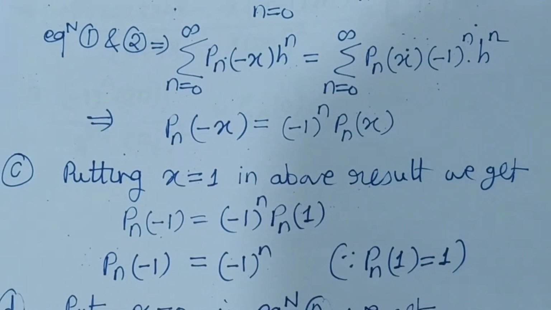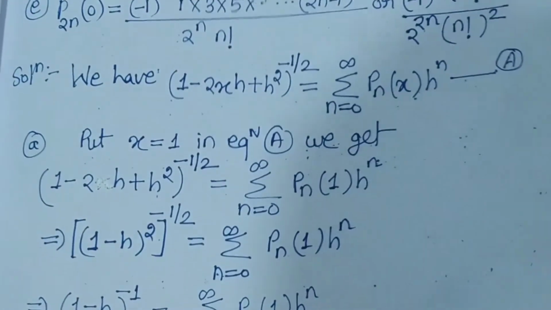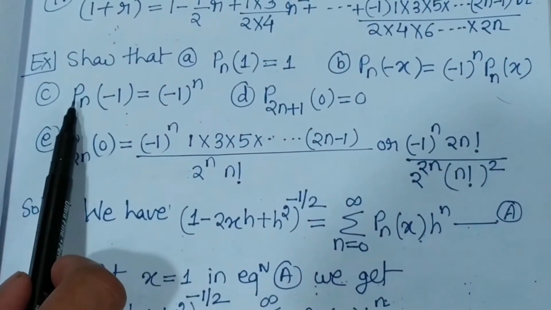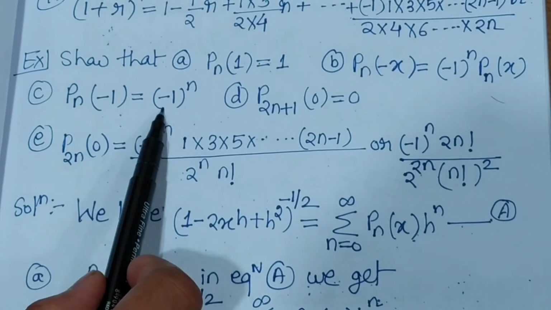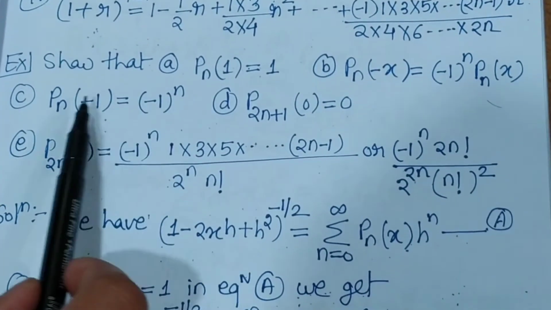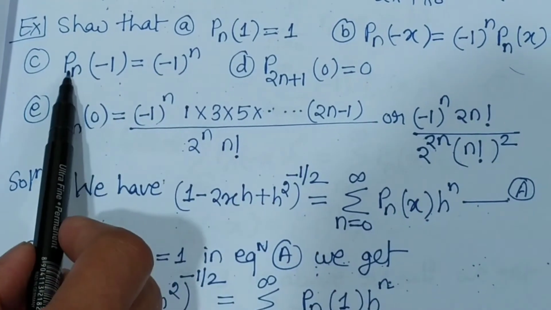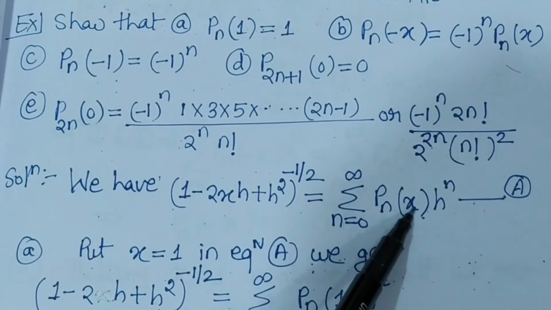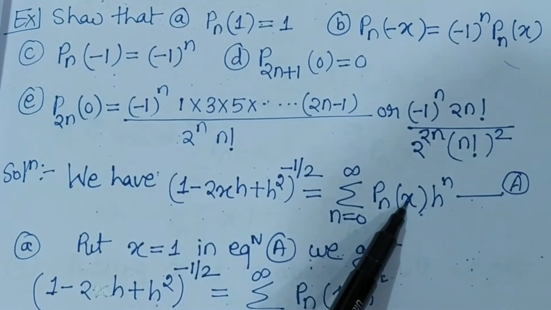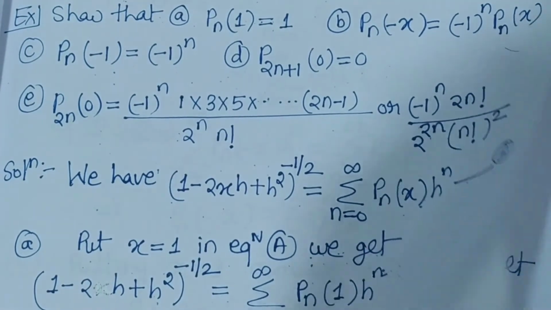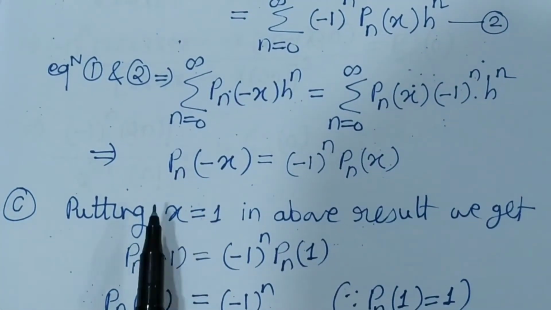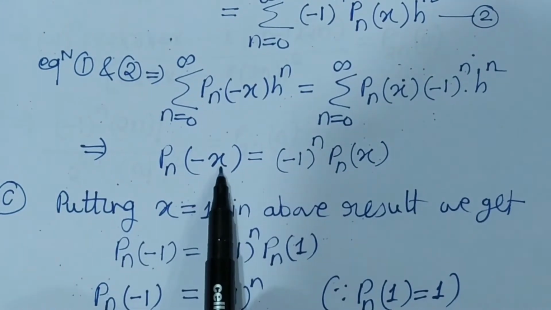Now the third result is, we want Pn of minus 1 is equal to minus 1 raised to n. So again we will start with equation a. Here I want Pn of minus 1, so replace x by minus 1.